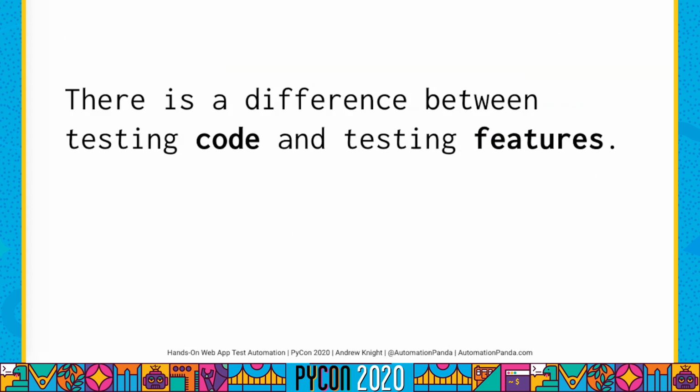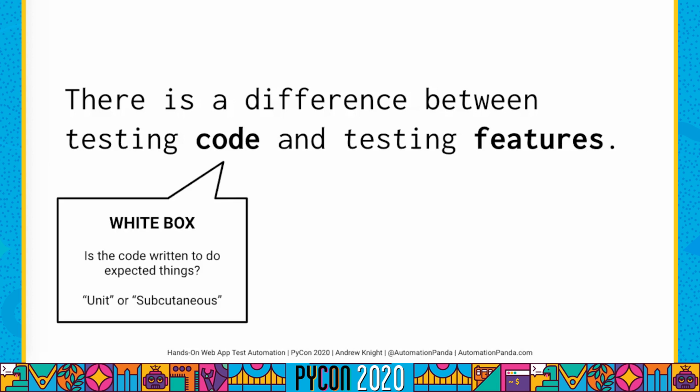There is a fundamental difference between testing code and testing features. When we talk about testing code, we mean the actual Python code, or code in whatever language, that we are going to directly call and interact with and make assertions upon. This style of testing is called white box testing.